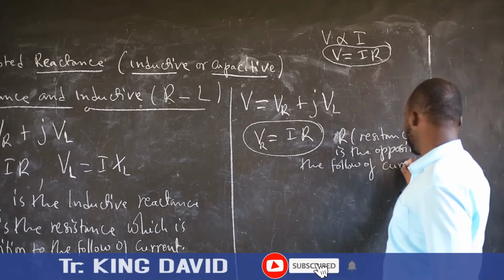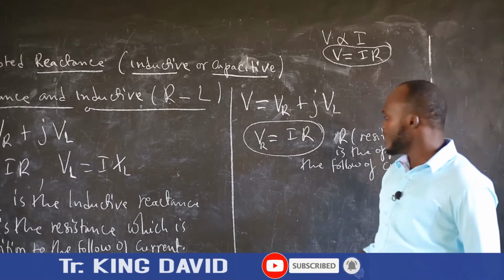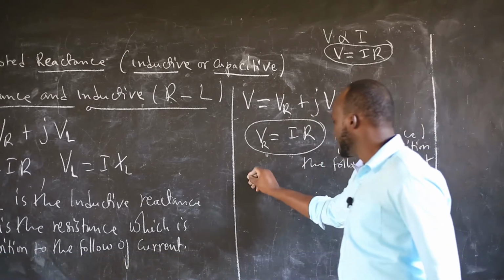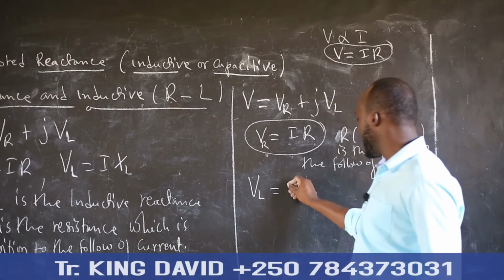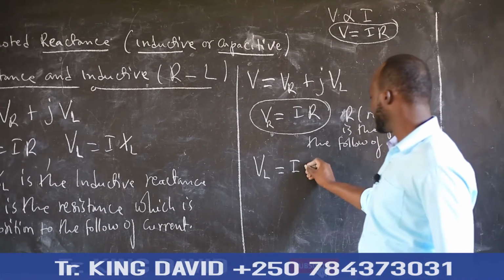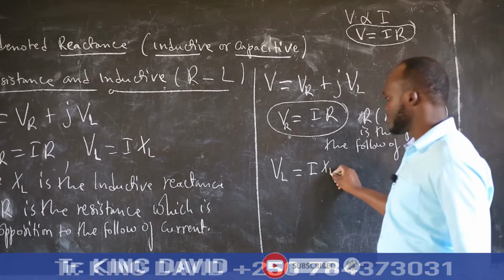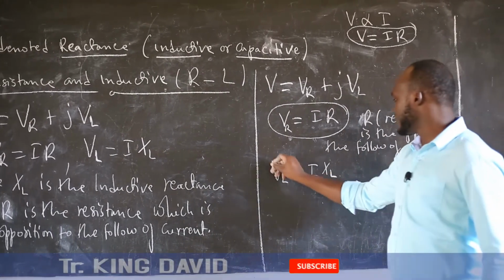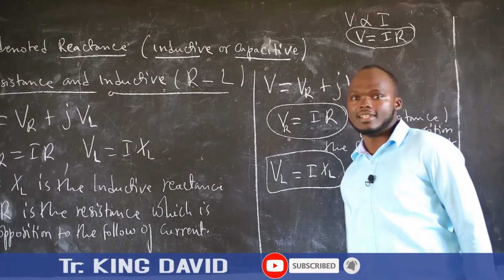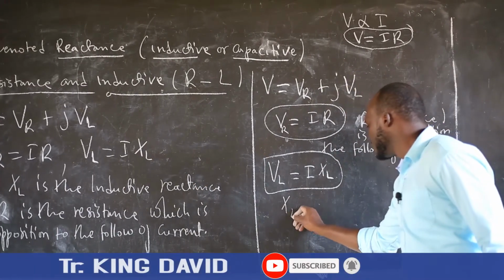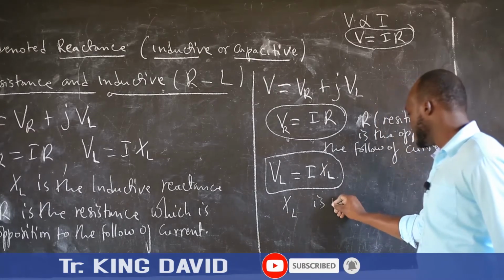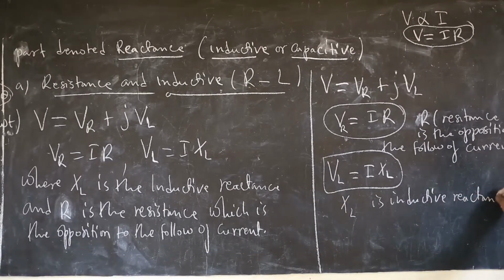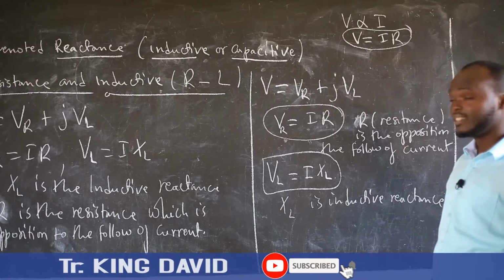Now if VR equal to IR, what is VL? This VL is current times inductive reactance, I XL. This XL is inductive reactance.